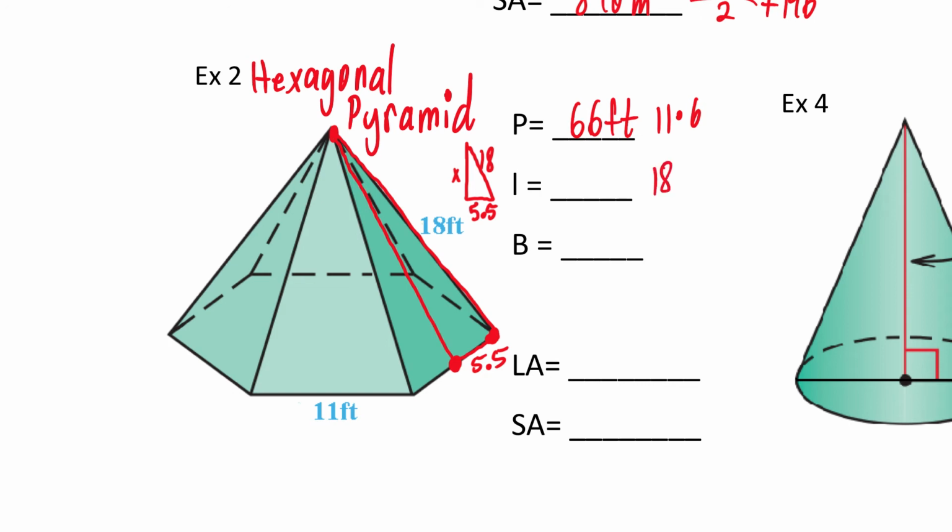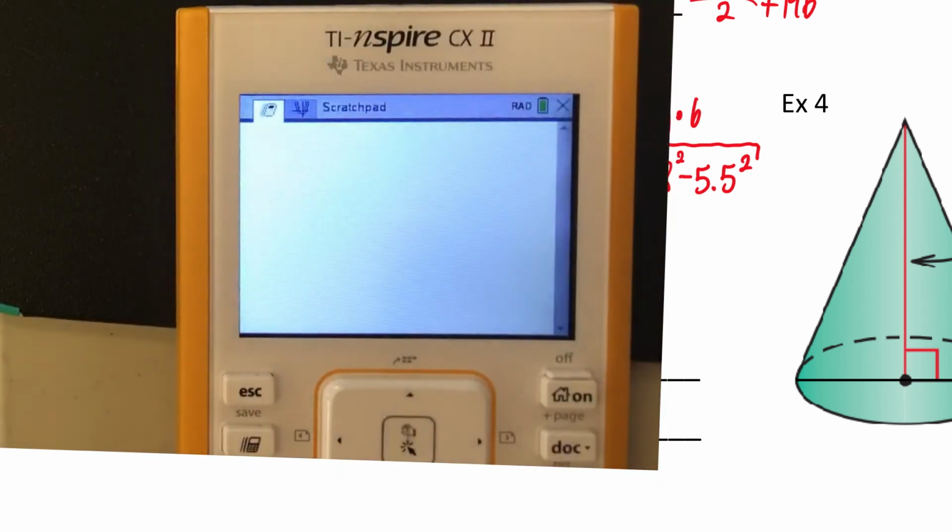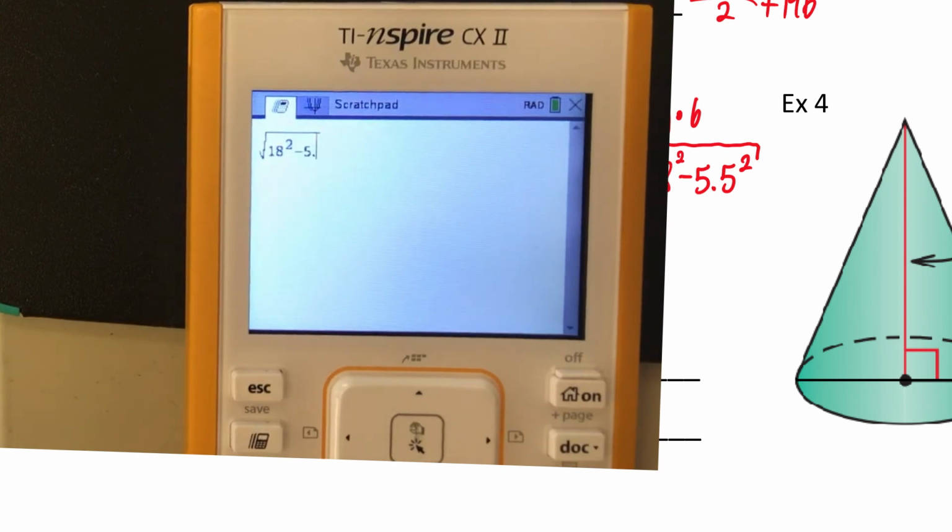So on this, again, Pythagorean Theorem, this time since I know the hypotenuse, I'm looking for a shorter side, so I'll be subtracting here. It's going to be 18 squared minus 5.5 squared. That's 17.14, we'll say.